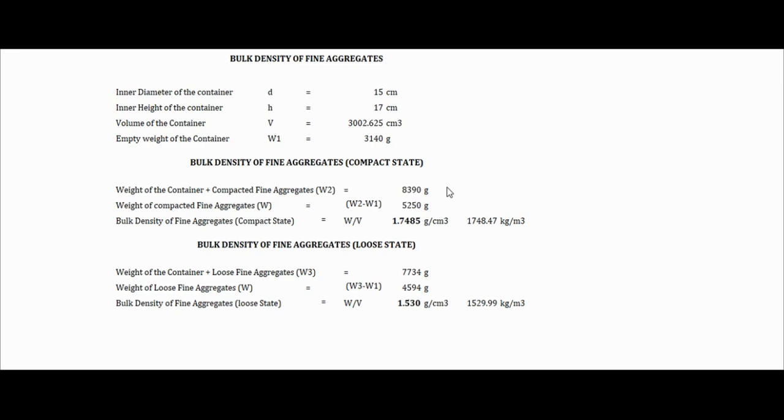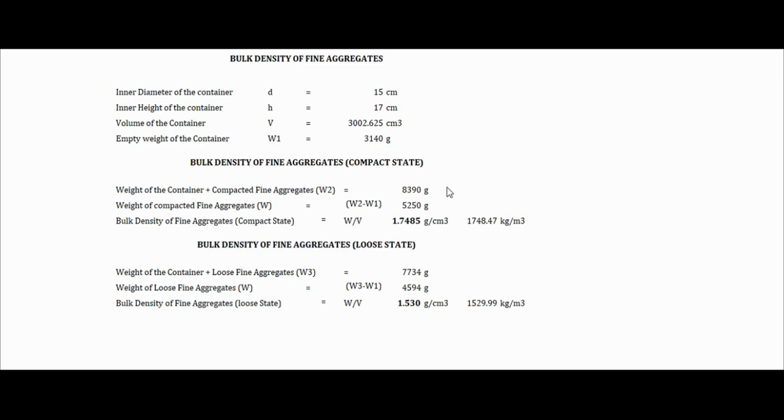After noting down the inner diameter and height, the empty weight of the container is noted down, whose value is 3140 grams. Next, with respect to the compact state, the weight of the container plus compacted fine aggregate gives us a value of 8390 grams. The weight of the compacted fine aggregate is W2 minus W1, that is 8390 minus 3140, which gives us a value of 5250 grams.